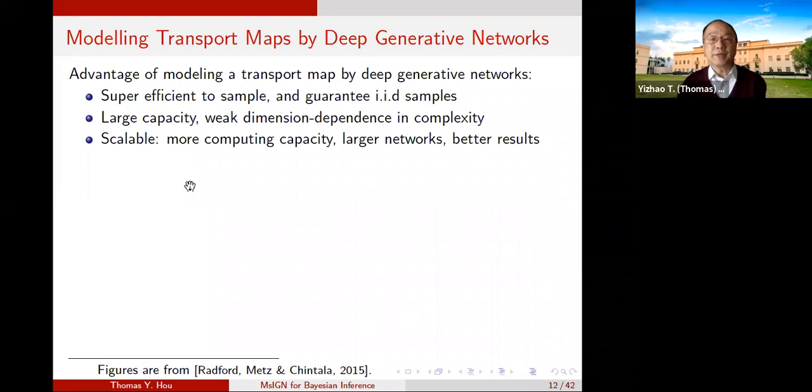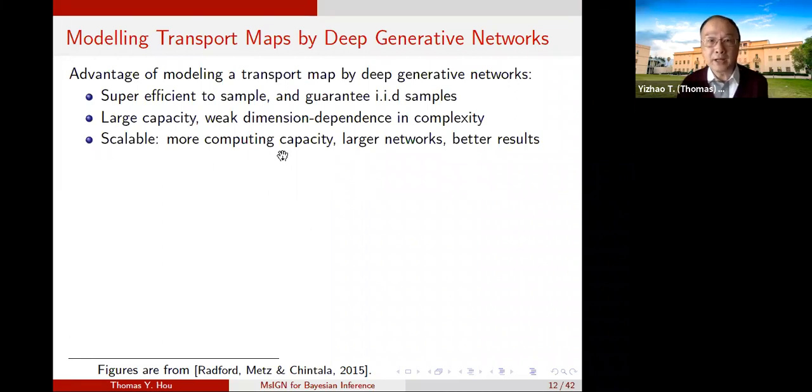The advantage of constructing a transport map is manifold. First of all, once you construct the map, it is super efficient to sample, and the samples are guaranteed to be IID. It also has a very large capacity. Because you use a deep generative neural network, there is only a very weak dependence on the dimensionality, unlike the polynomial basis approach.